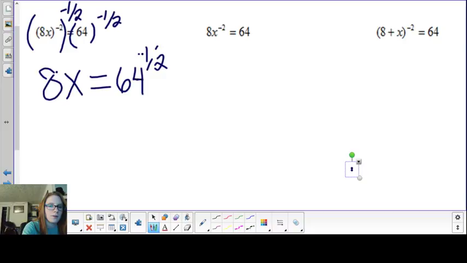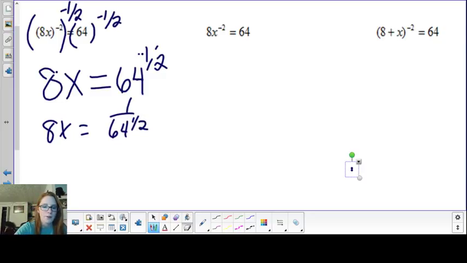Well, since he's got the negative exponent, he's got to go down on the bottom, become positive 1/2.